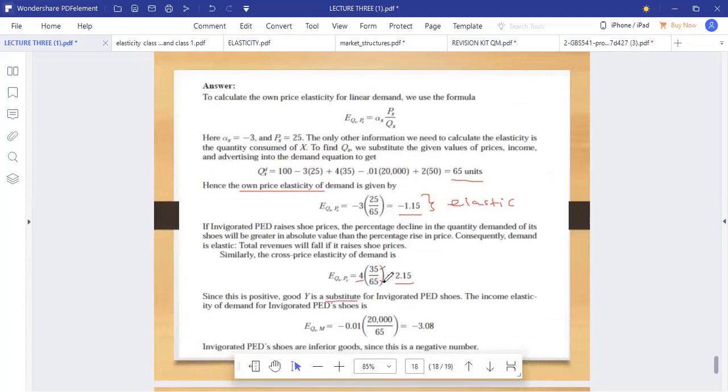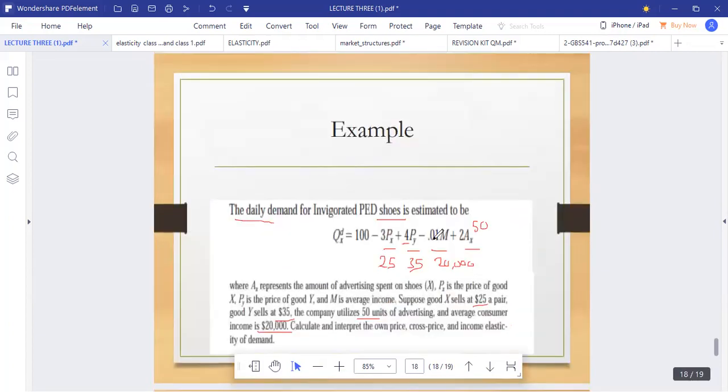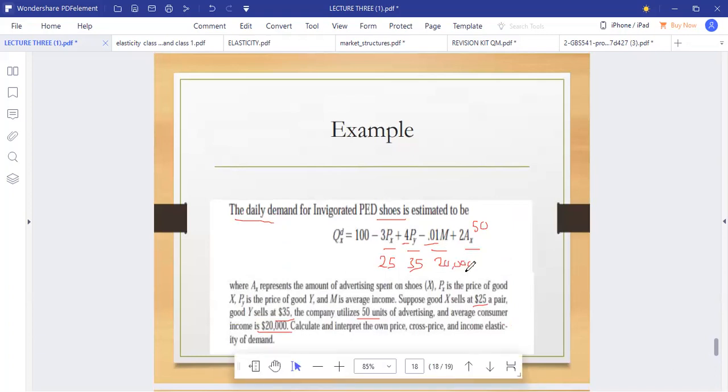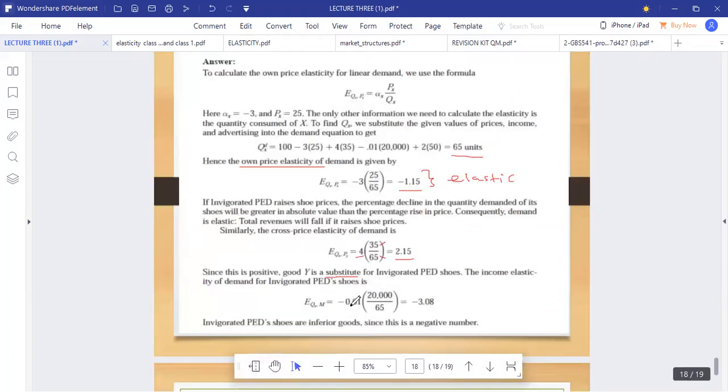And finally, we go to the income, with a coefficient of -0.5, and 20,000 over 65. We get -3.08. Because it's negative, what kind of good is this? We say it's an inferior good.